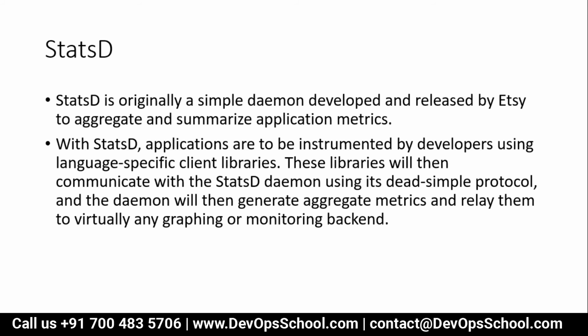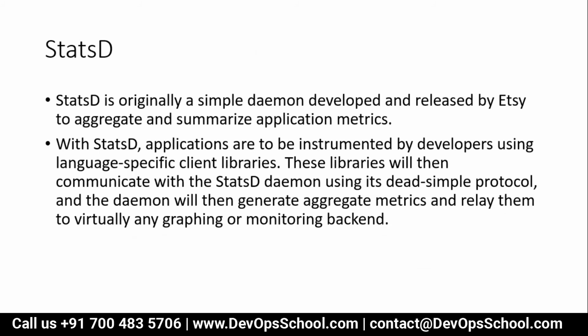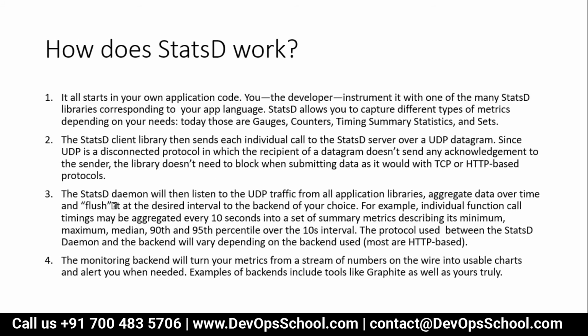So that's called StatsD. Now you must be wondering why we are discussing StatsD. There are so many things we need to know about how StatsD works. I will let you read this stuff. What kind of metrics does it aggregate? Basically it aggregates gauge, counter, timing, summary statistics, and sets.